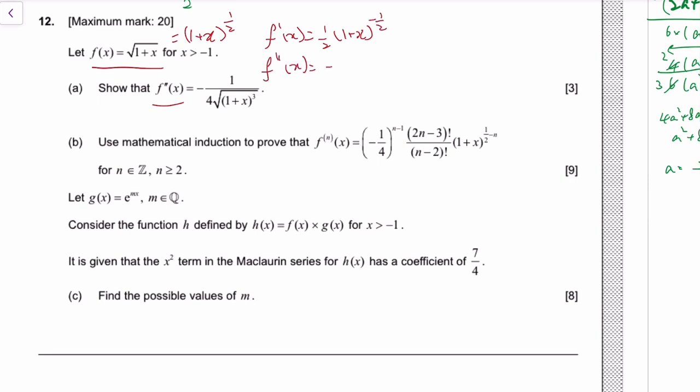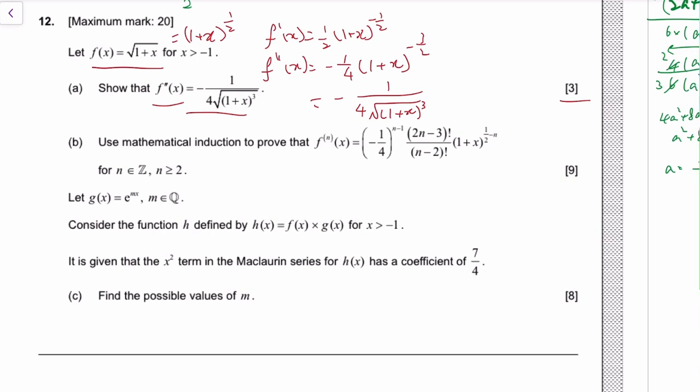Chain rule again. Negative 3 over 2. So this is basically what they have there. I mean, you can pretty much just copy what they have there at this point. I don't think they care. Wow, but 3 marks. That's 3 marks.